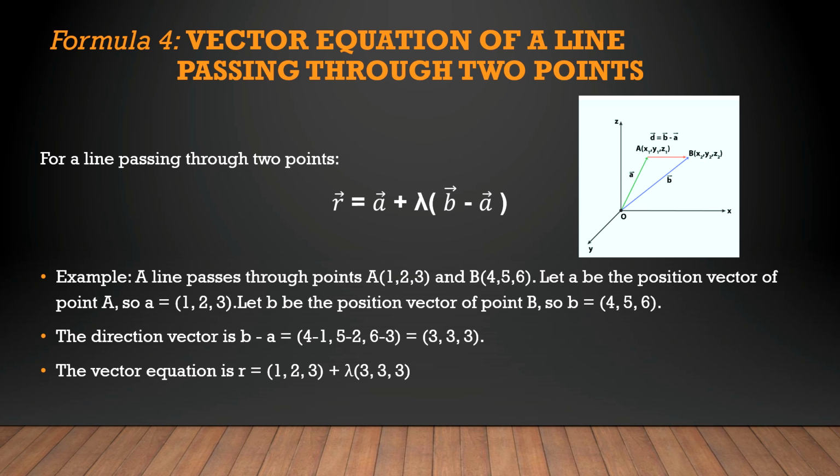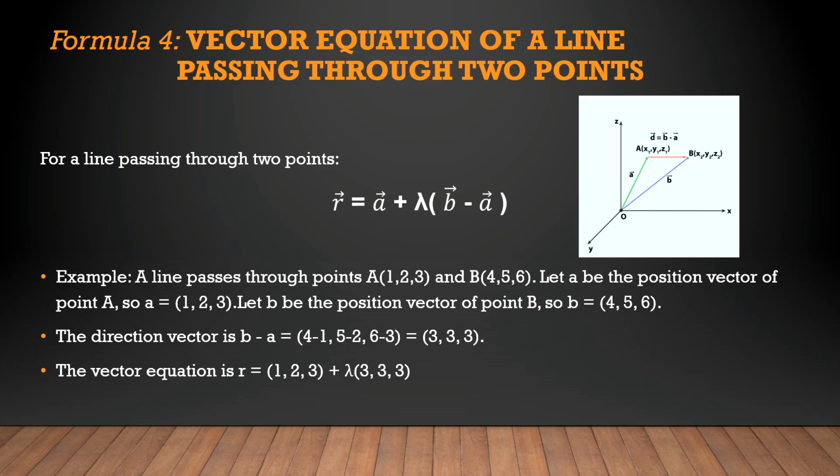Suppose A has coordinates 1, 2, and 3 and B has coordinates 4, 5, and 6. So the position vector of point A will be having coordinates 1, 2, and 3. And suppose b is the position vector of point B, then it will be having the coordinates 4, 5, and 6.